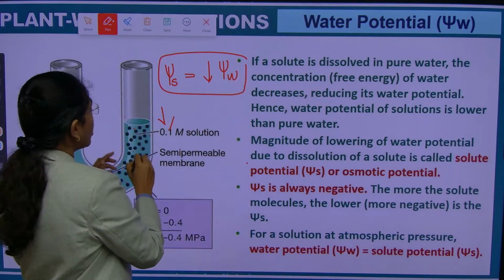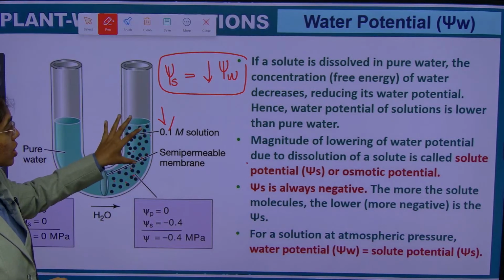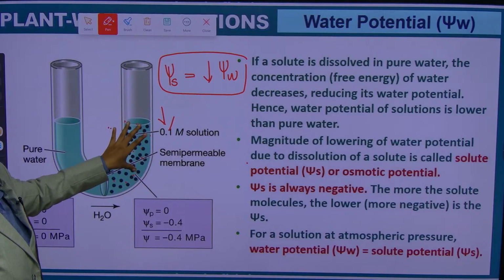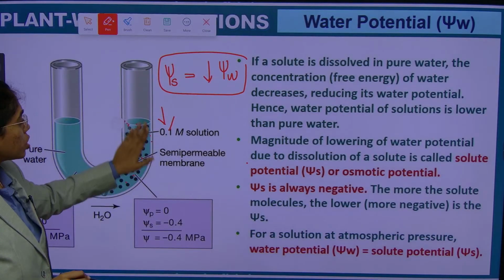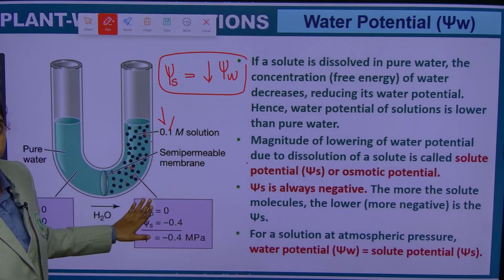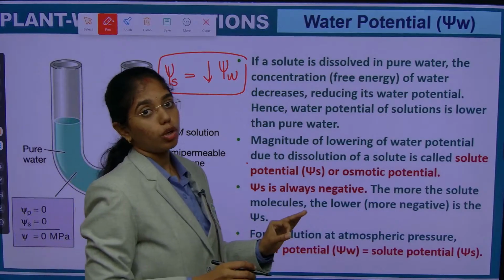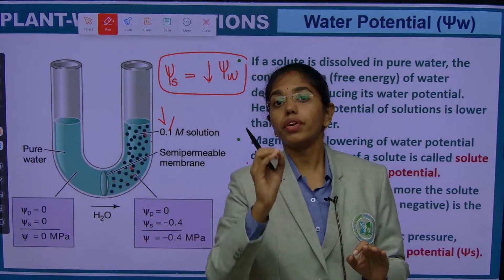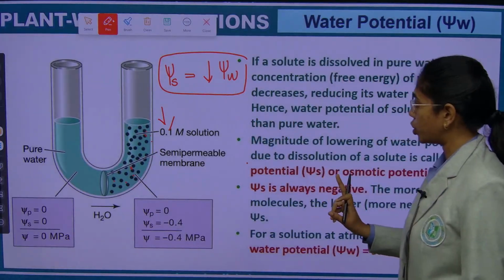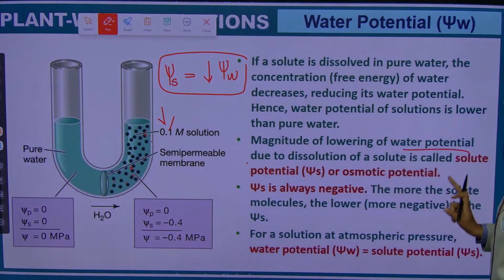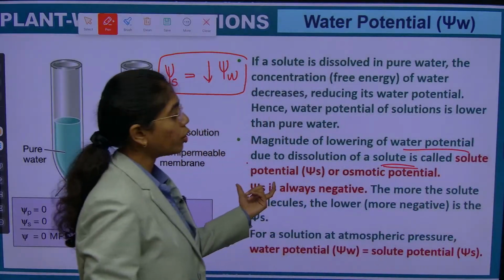Solute molecules will decrease the free energy of water. The energy that solute particles require to reduce the free energy of water molecules is known as, what? Solute potential. Magnitude of lowering water potential due to dissolution of solute is known as solute potential.